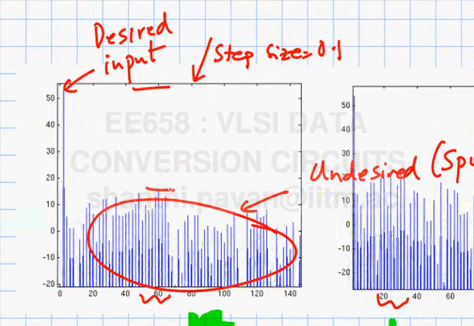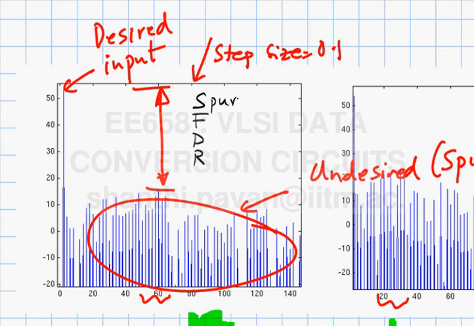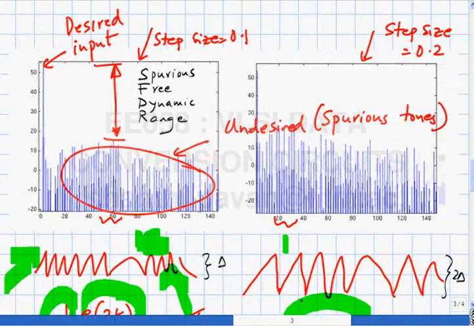This here is what is called the spurious free dynamic range, or the SFDR of the A to D converter. This is also an often quoted metric when people make and sell A to D converters. They will also quote the so-called spurious free dynamic range of the A to D converter.